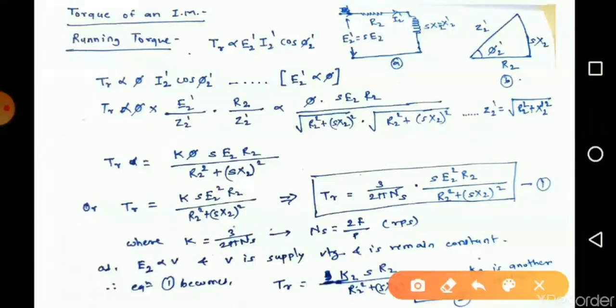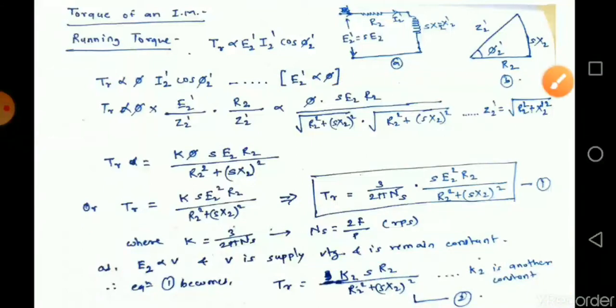This E2, as I said, is produced because of the rotating magnetic field φ, and this rotating magnetic field is produced because of the supply voltage V, which remains constant. So I can say that in this equation the E2 value remains constant.